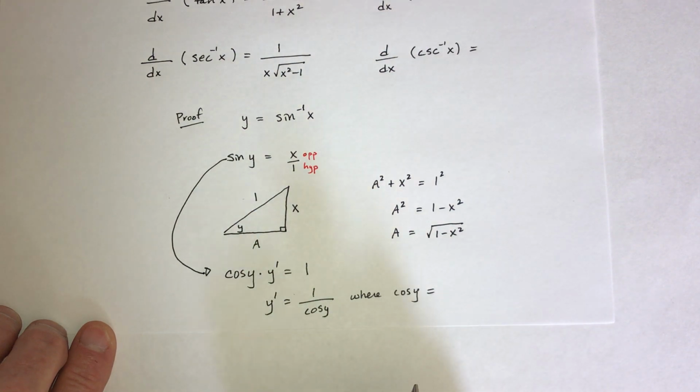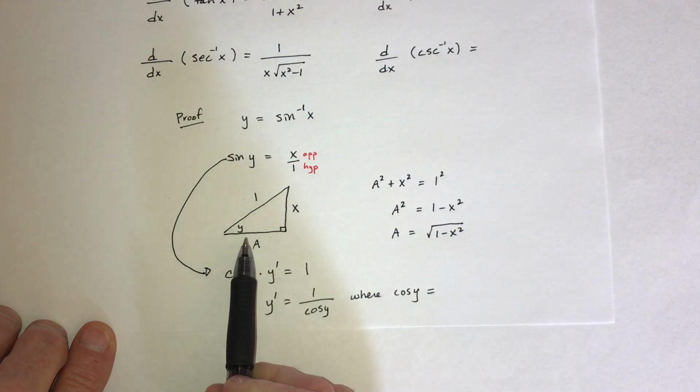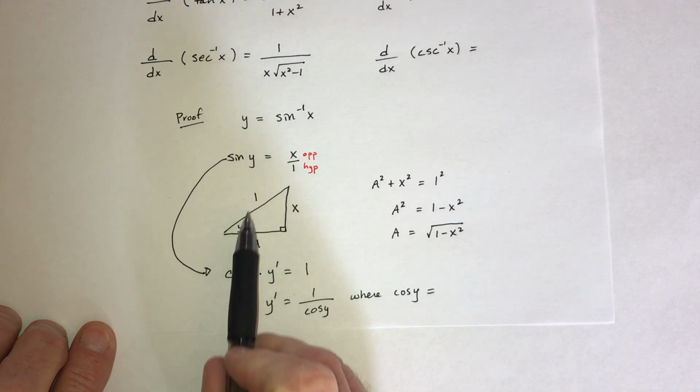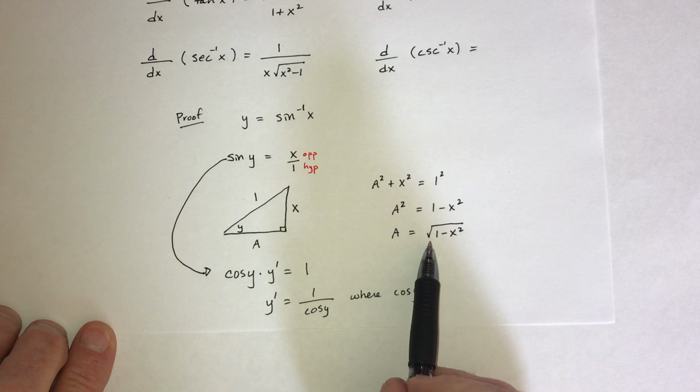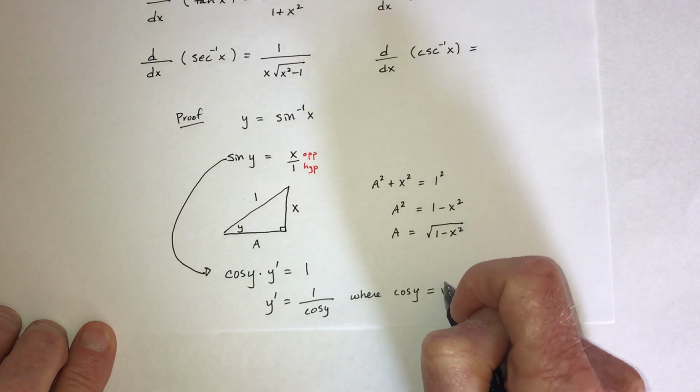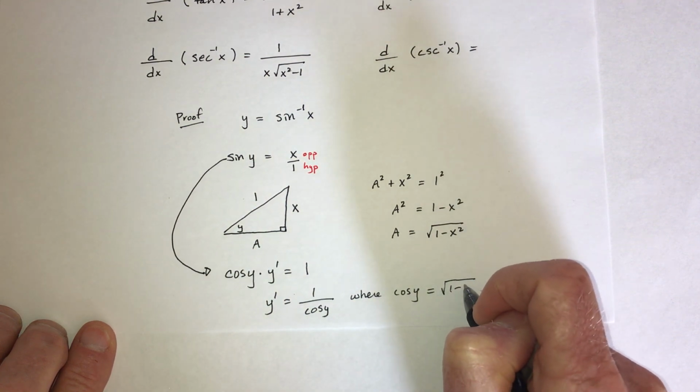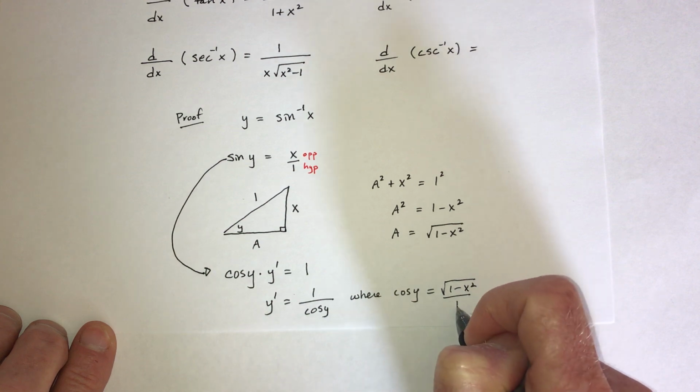And what does cosine equal? Well, cosine equals adjacent over hypotenuse. So that's a over 1. Well, we just found out what a equals. So cosine equals adjacent over hypotenuse.